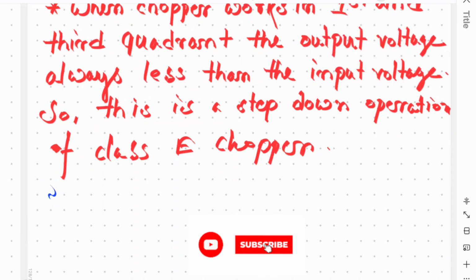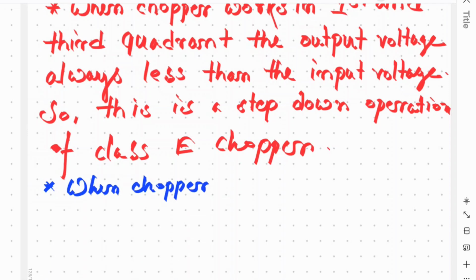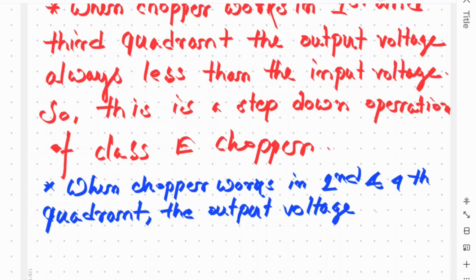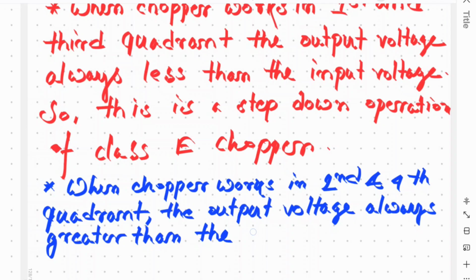Now when the chopper works in the second and fourth quadrant, the output voltage is always greater than the input voltage.